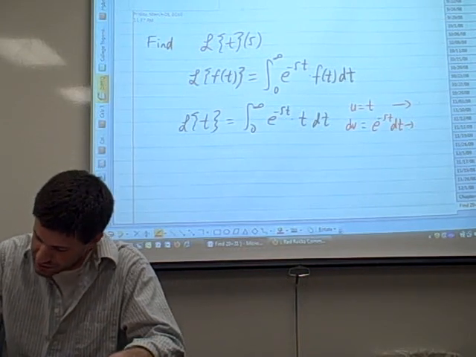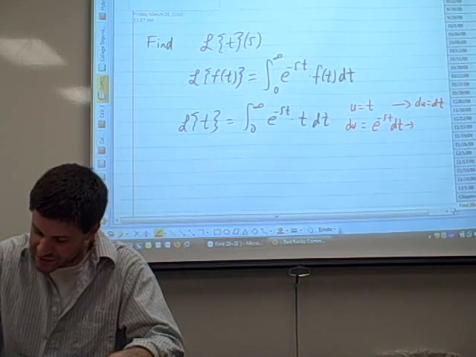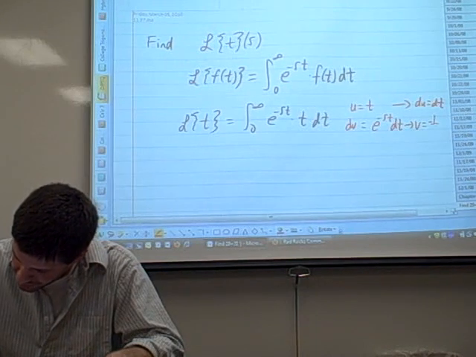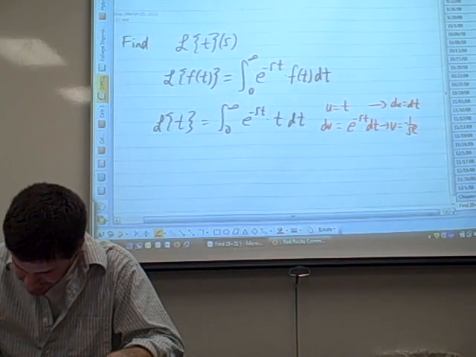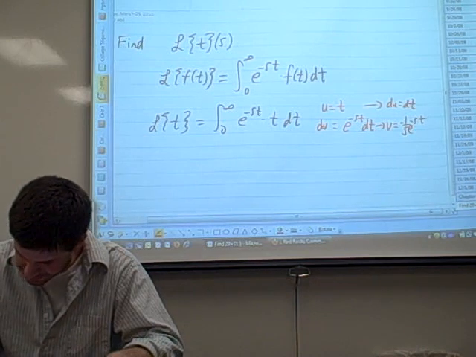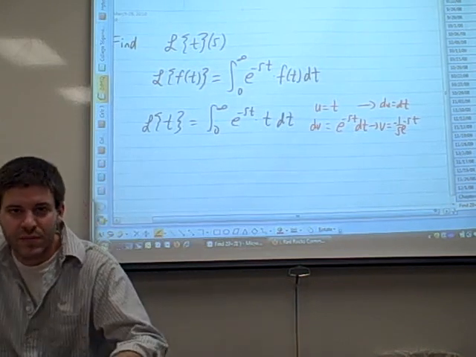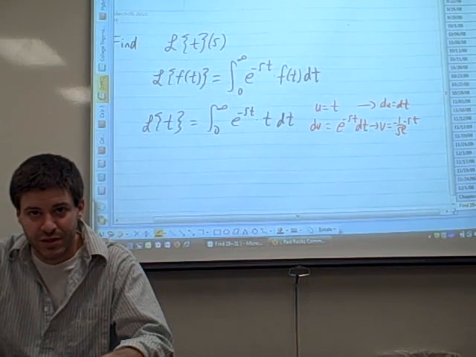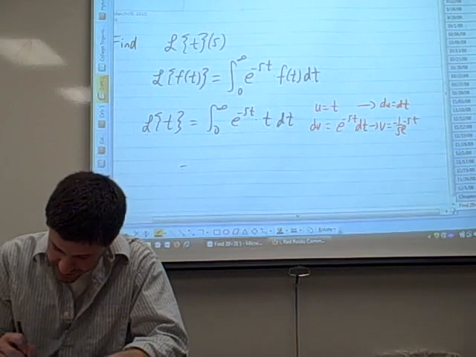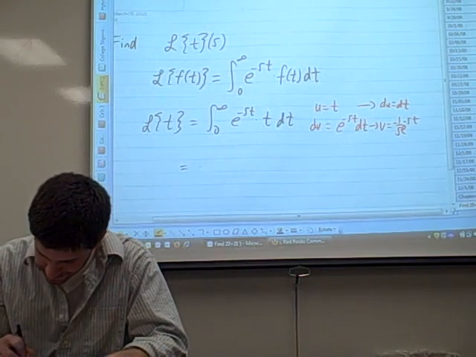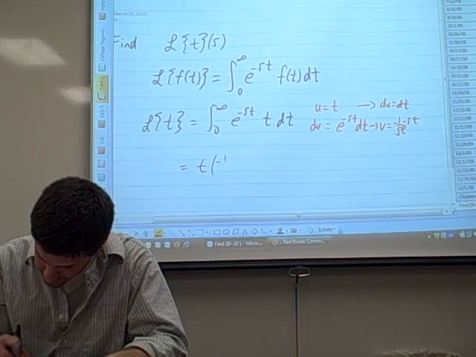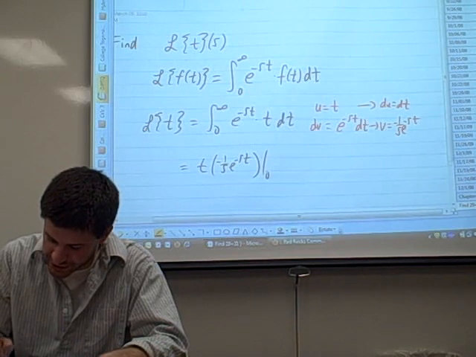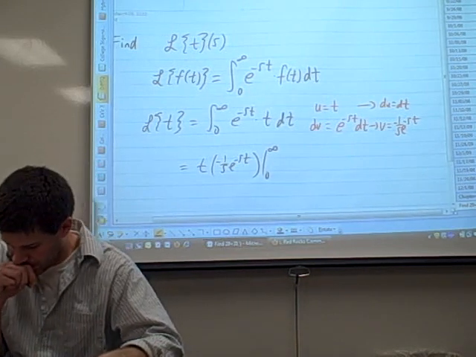Now if we take a derivative of u, du is dt, we take an integral of dv, and we get v is negative 1 over s e to the negative st. If we plug all this into our formula for integration by parts, we get uv, keep in mind we had limits on this integral, so we're going to have to evaluate this from 0 to infinity.